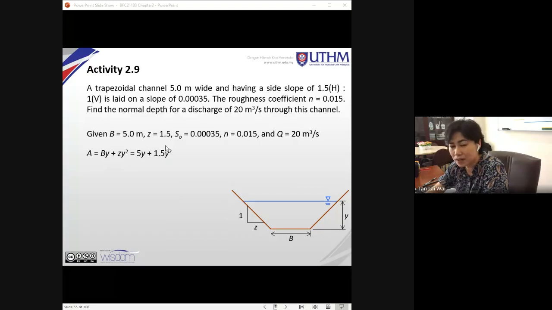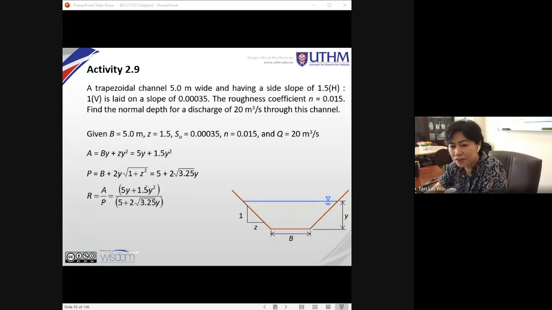You need to write the flow area as well as the wetted perimeter as a function of y. It's a similar problem here. And then the wetted perimeter will be b plus 2y square root 1 plus z squared. So therefore you have 5 plus 2 square root 3.25 y.